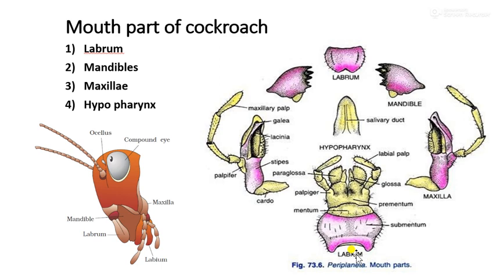At the base of each palp is a small sclerite, the palpiger. Between the labial palps are four lobes: two median and smaller glossae, and two outer and larger paraglossae. The labial palps are sensory.